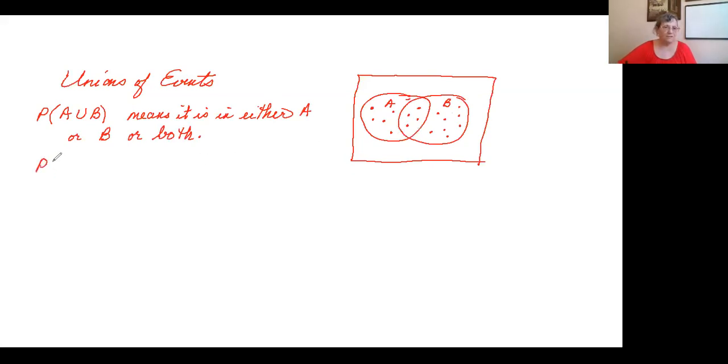Now, if we say that the probability of A union B is the probability of A plus the probability of B, then that means we take the probability of A, well, we've got 1, 2, 3, 4, 5, 6, 7, 8, 9 things that are in A. And the probability of B, well, let's see, how many are in B?